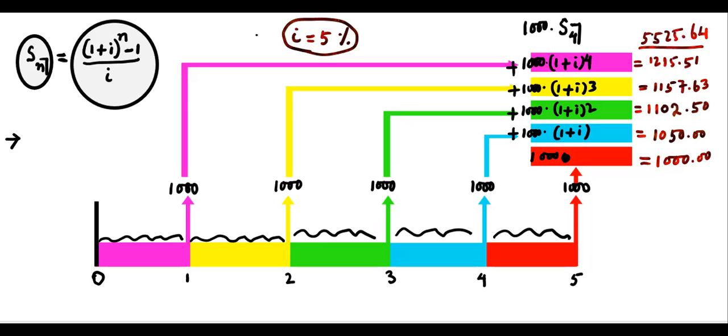Now, if you apply the formula and try to find this directly, let me write here. There are 5 payments, right? So for 5 payments, we have to write 5 actually.